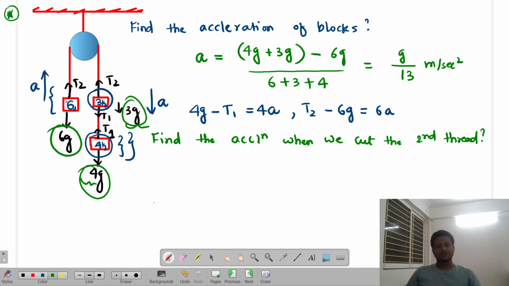Tell me what will be the answer. What will happen to any of the blocks when we cut the second thread? All the blocks.